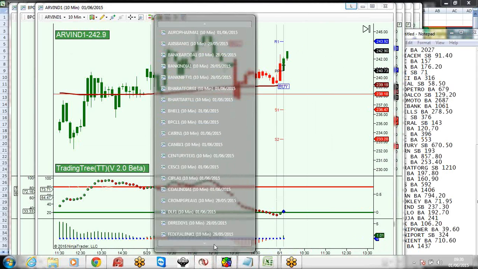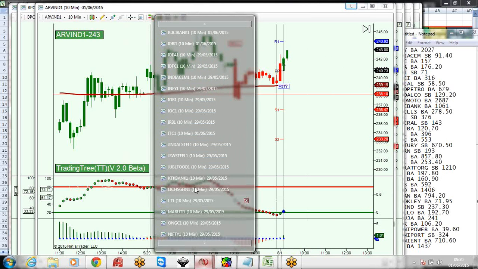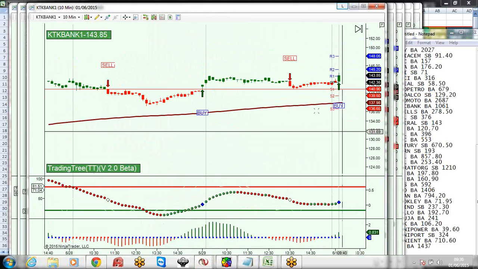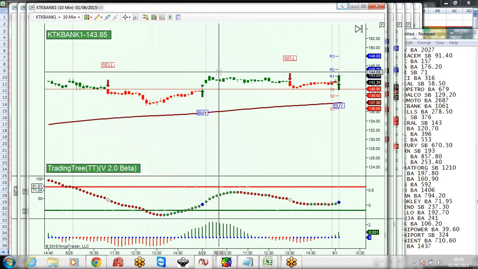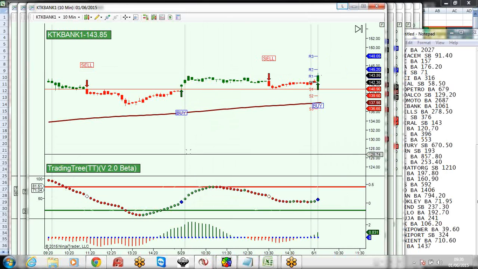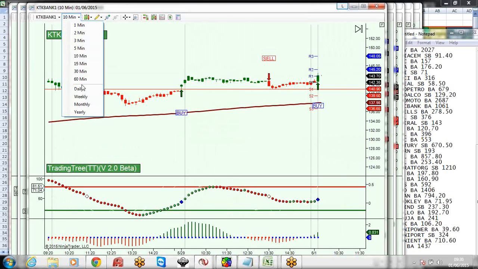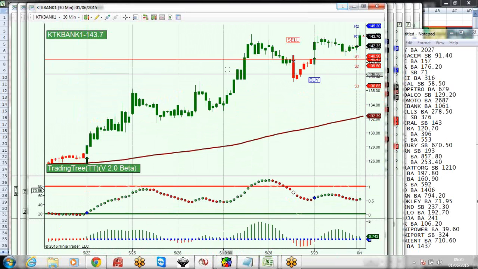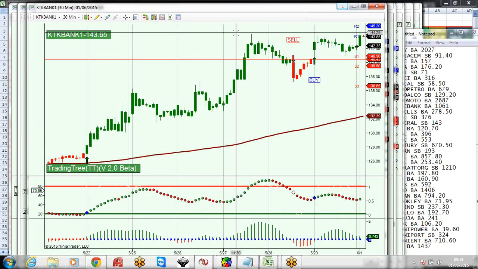Karnataka Bank we have on call. We can buy above 144.70. I'll show you, you can even check the long-term trend in a particular script, and it will become very easy for you to trade. The long-term trend for KTK is buy.